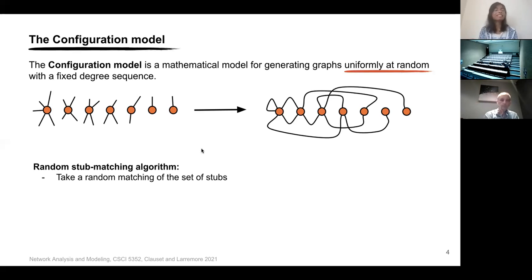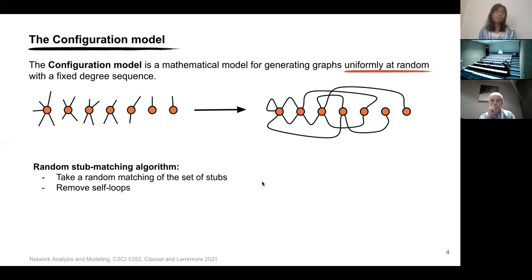Now, as you can see, this method can easily produce self-loops or multi-edges in the network. But that is not desired if the empirical network is a simple graph, because we want to compare apples with apples. So if the empirical network is a simple graph, we would want the graphs in the reference distribution to also be simple and not have loops and multi-edges.